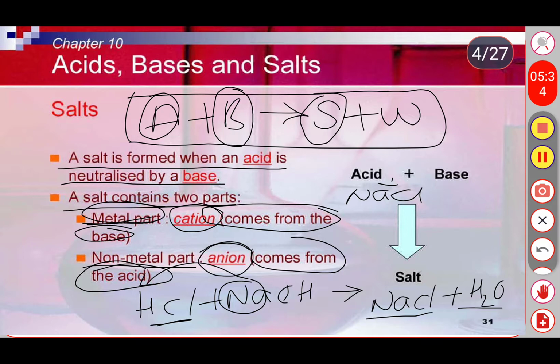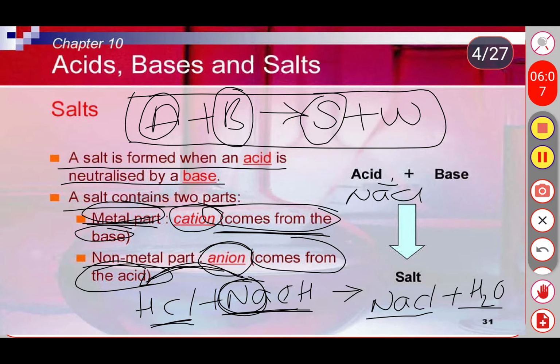One more thing: the first part of the salt is the metal part, which comes from the base. You already know the metal part comes from the base. In sodium hydroxide we take sodium, so the metal part comes from the base and the non-metal part comes from the acidic part.